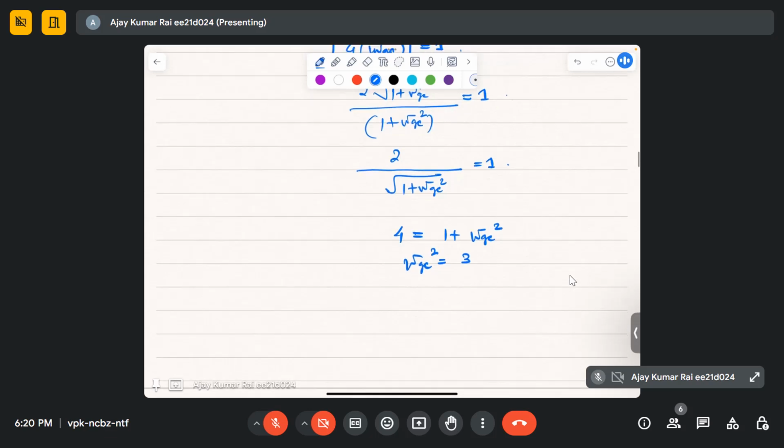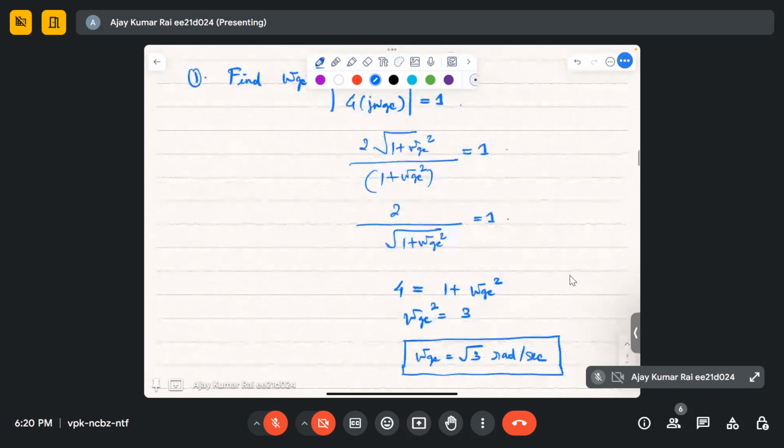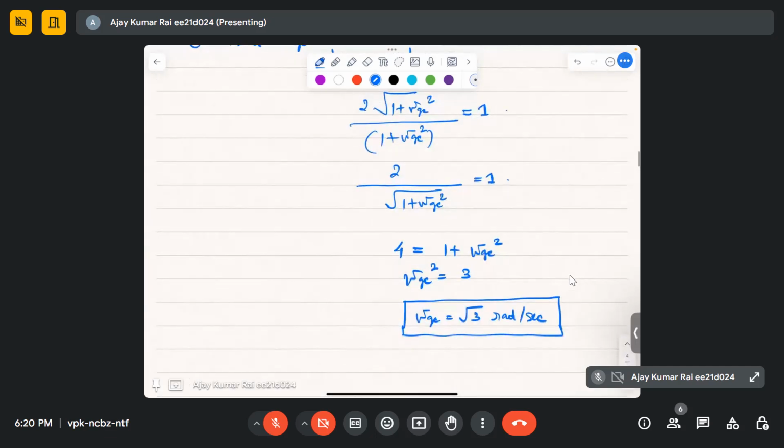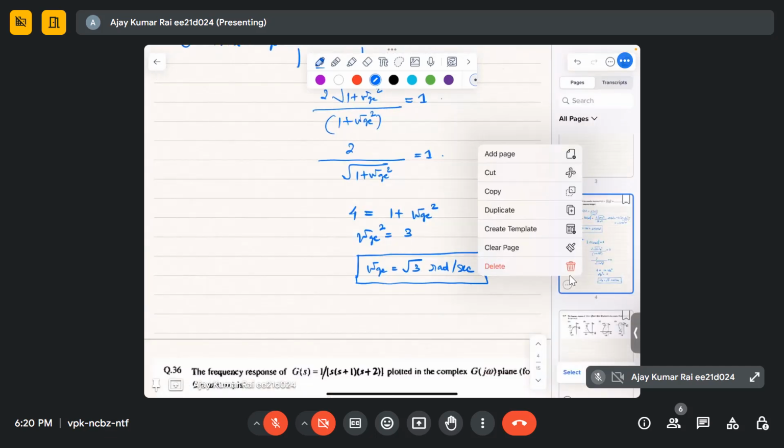Because frequency is positive, I'll take the positive root, not plus or minus root 3. So this is the gain crossover frequency. At this particular frequency the magnitude is equal to 1. So the first step is over.